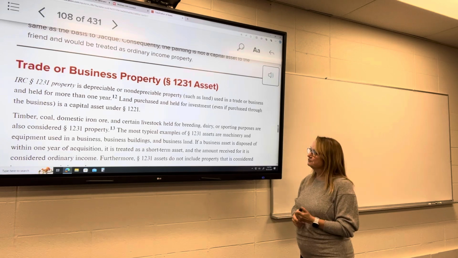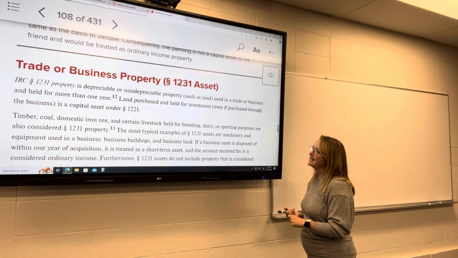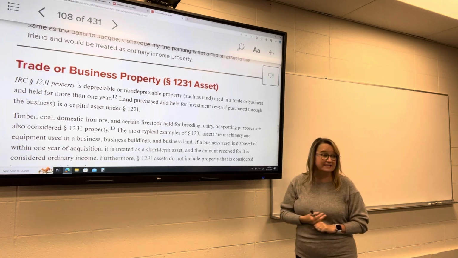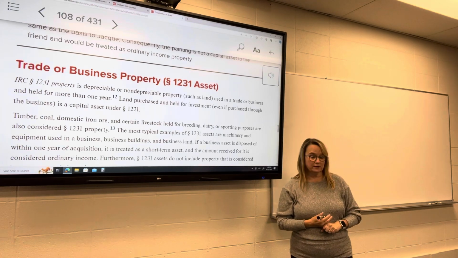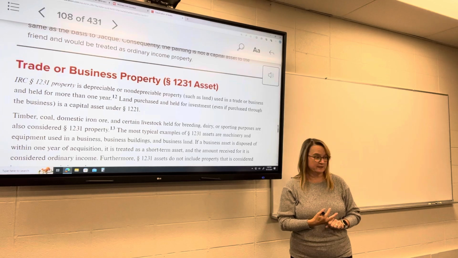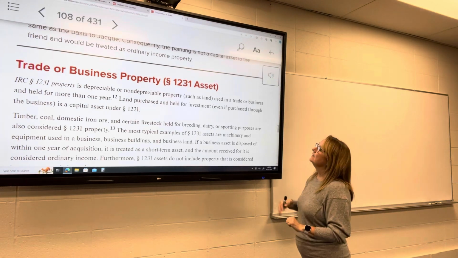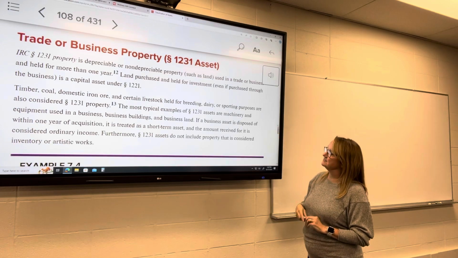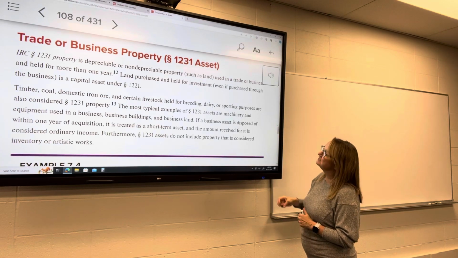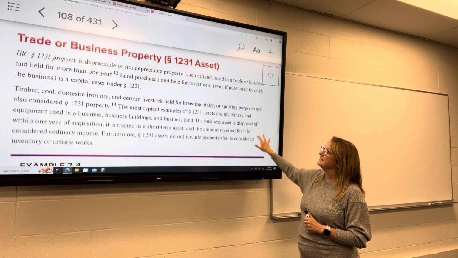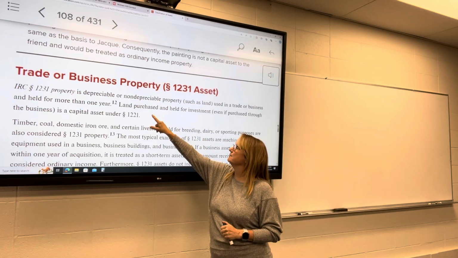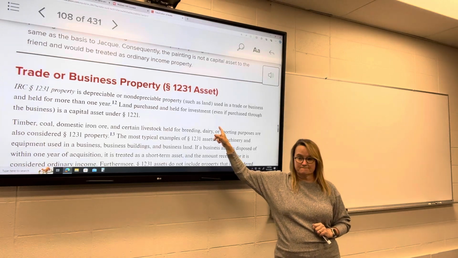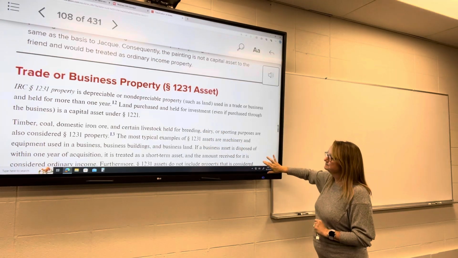Okay, so 1231 has to be used in a trade or business, has to be held for more than 1 year. If it's held for less than 1 year, it's ordinary asset property. Okay, land purchased and held for investment is a capital asset under 1221. So even if it was purchased through the business, it doesn't matter about the land part, it matters about the investment part. That's what helps to determine it.